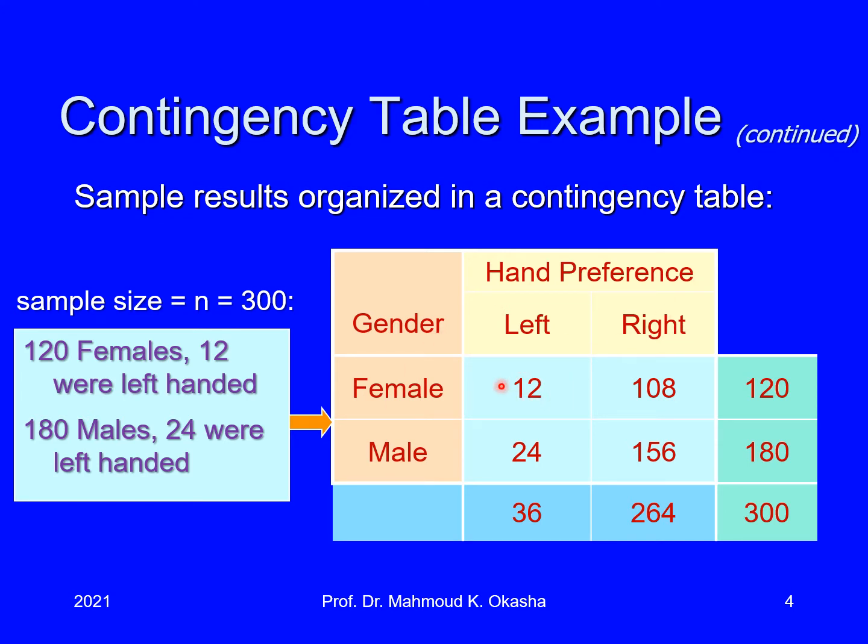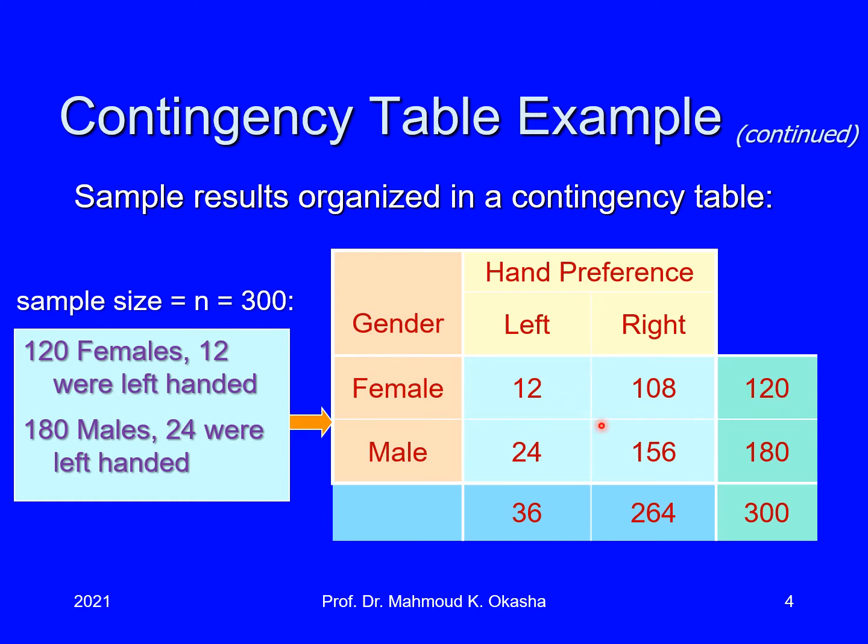So that means we have 12 females left-handed and 108 females right-handed, and we have 24 males left-handed and 156 males right-handed. So we need to test whether there is a relation between hand preference and gender.